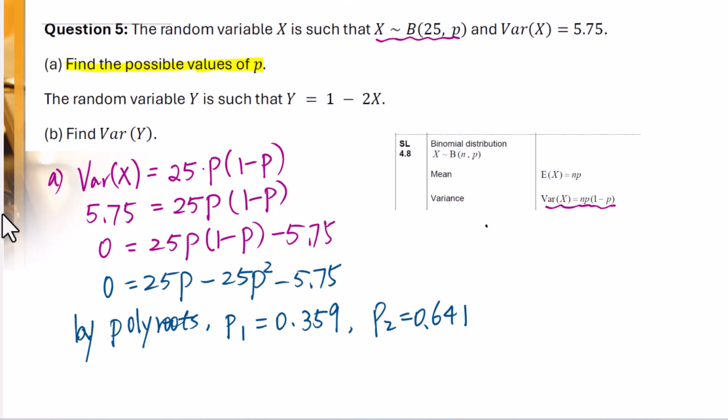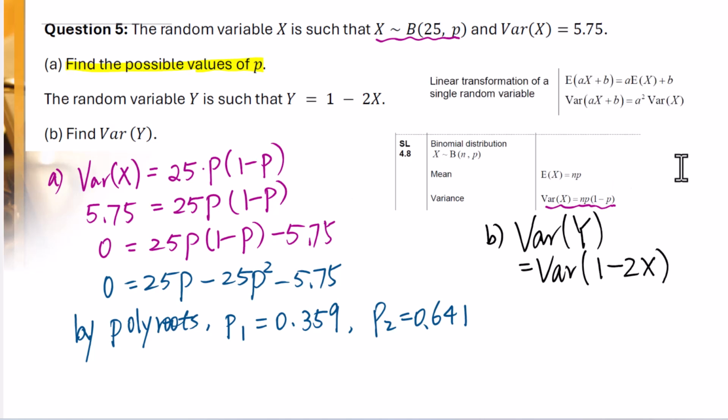Let's go to B. The random variable y is such that y equals 1 minus 2x. Find the variance of y. Variance y equals variance of 1 minus 2x. We will use the linear transformation of a single random variable.